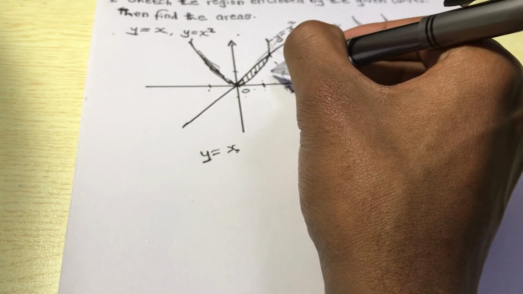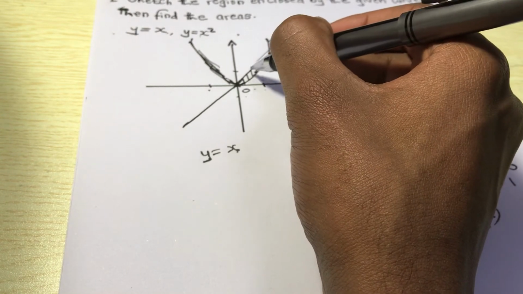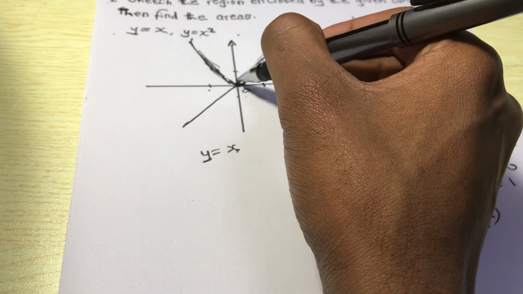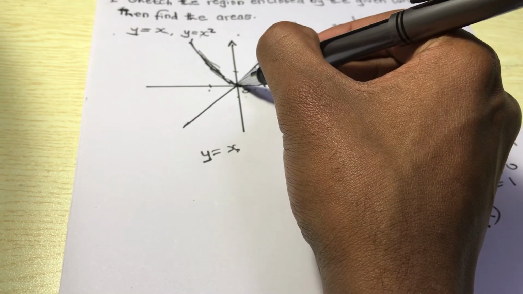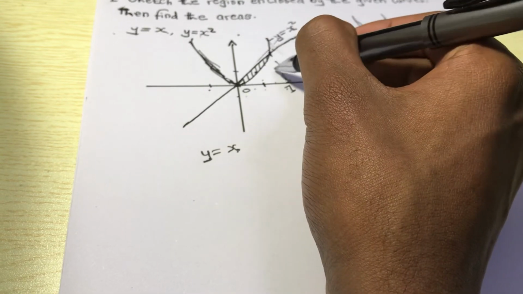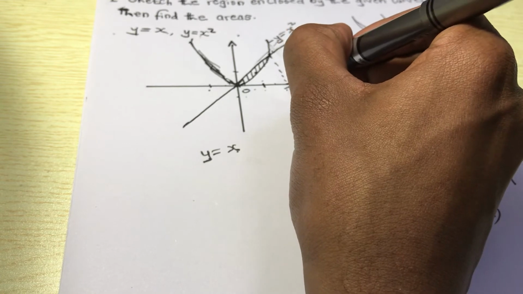This unwanted region will be included. As long as we are finding the area by integration, it will be that line that you are using for the area down to where the x line appears.